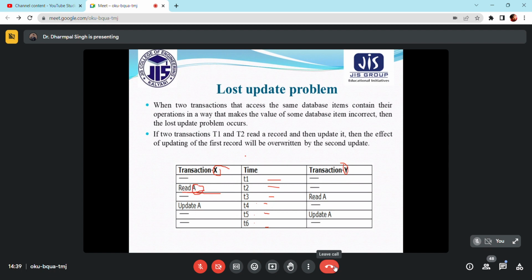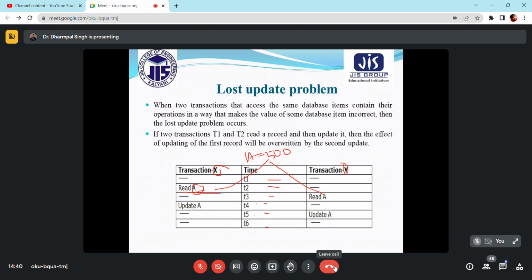Suppose the initial value of A is 500. So transaction X has 500, and this one also has 500, but they have read the value at different times.